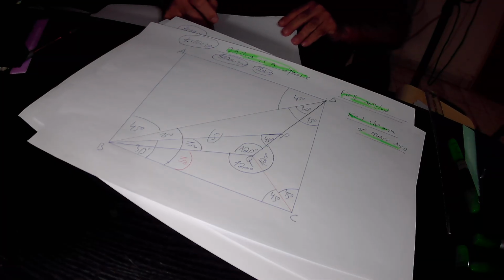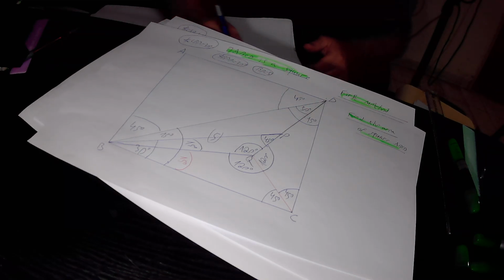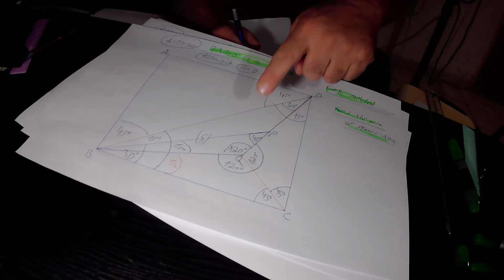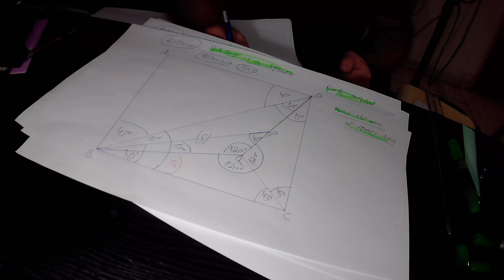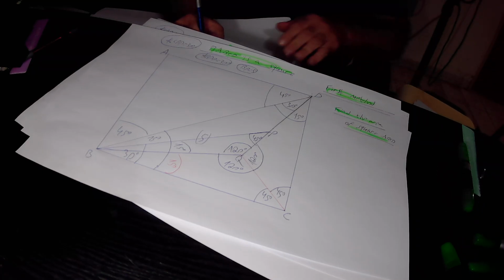So we have to prove that triangle BQC can go into this triangle PQB according to the angle side angle rule.